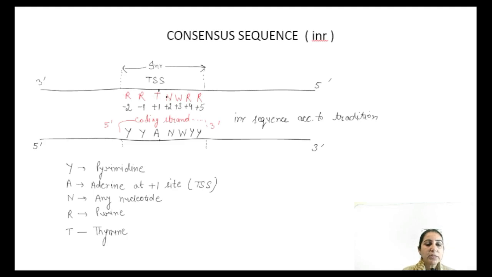So this is the actual sequence present in the INR in the template strand, but while we write it with respect to the coding strand from 5 prime to 3 prime direction, it will be YYANWYY. So this is the sequence of nucleotides in the INR consensus sequence.